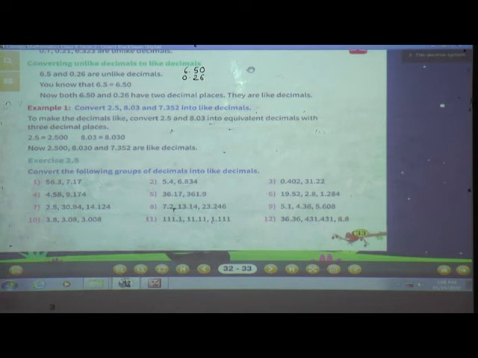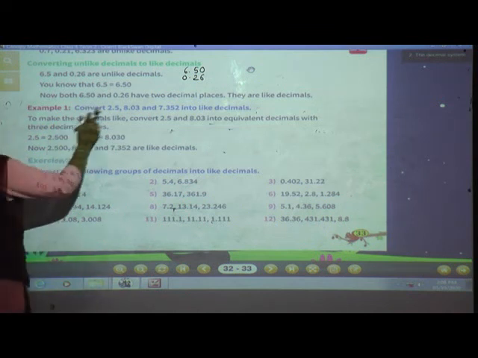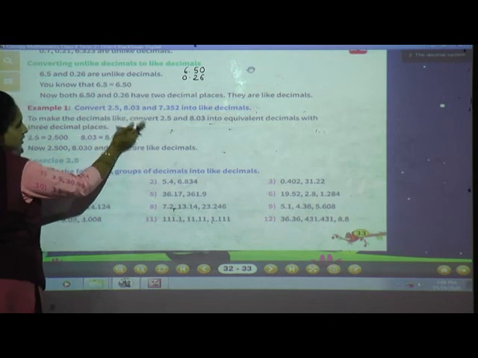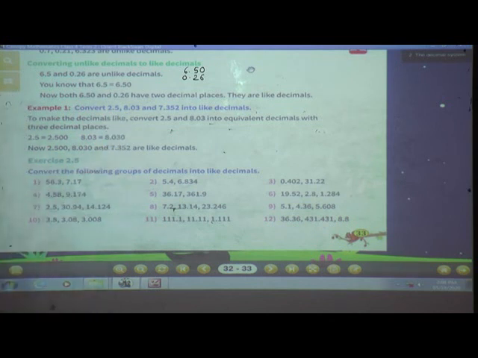Now next example. Convert 2.5, 8.03 and 7.352 into like decimals. Now see, we have to convert these 3 numbers into like decimals. To make the decimals like, convert 2.5 and 8.03 into equivalent decimals with 3 decimal places.